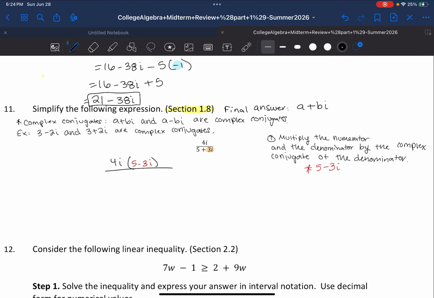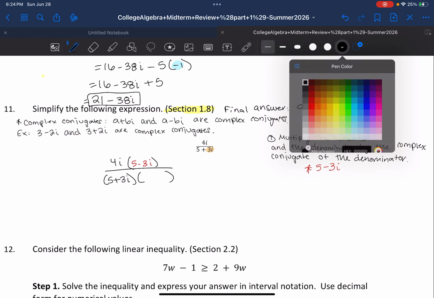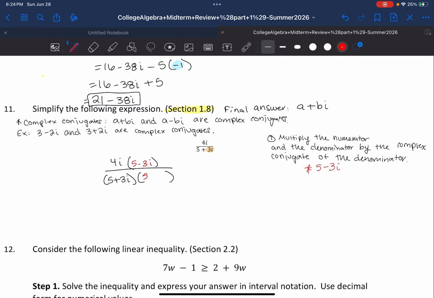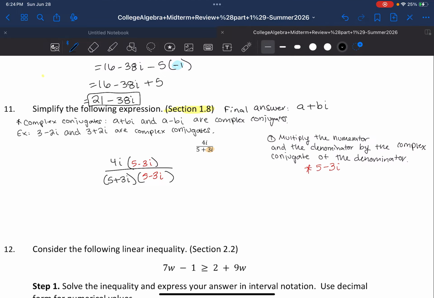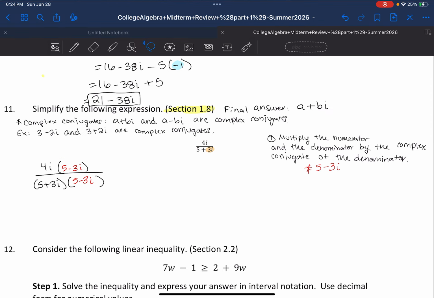And then we're going to multiply the denominator, 5 plus 3i, by the 5 minus 3i. So you're multiplying the top and the bottom by that complex conjugate. And I'll explain why in a second. I'm just going to move this over here and kind of go this way.